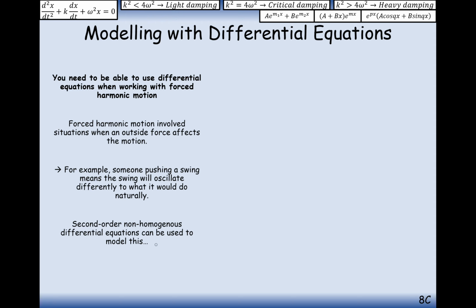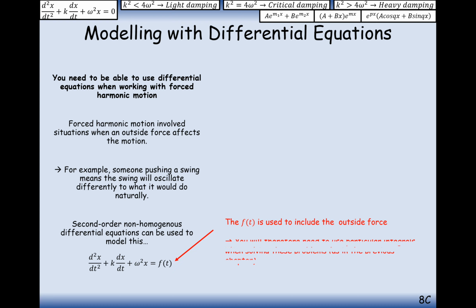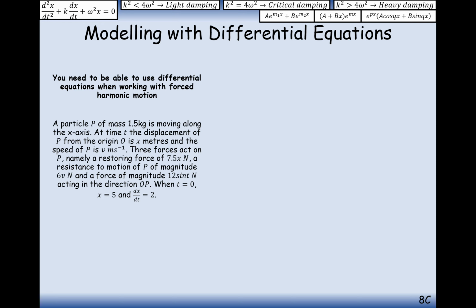This is non-homogeneous, so it's not equal to just 0 on the right hand side. It looks like this, where we've got the second order differential equation and then it equals some function of t on the right hand side. So f of t can be used to include the outside force, and you will therefore need to use particular integrals when solving these problems, just like we did a couple of sections ago.